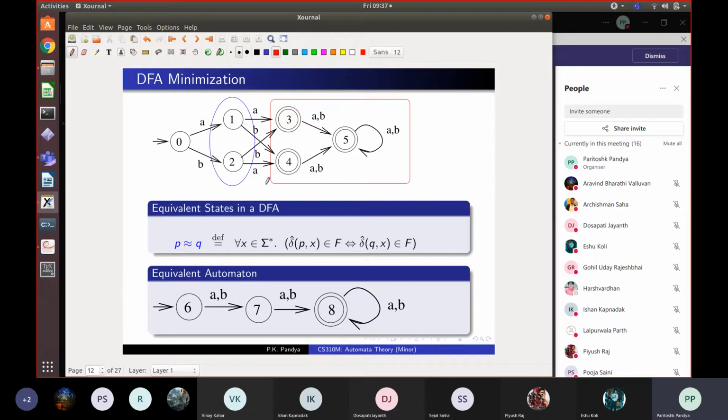Okay. And so it's a well-known result in discrete maths that an equivalence relation partitions the set into baskets called equivalence classes, and the equivalence class of an element is denoted by square brackets. So the equivalence class of state P is denoted by [P], right?